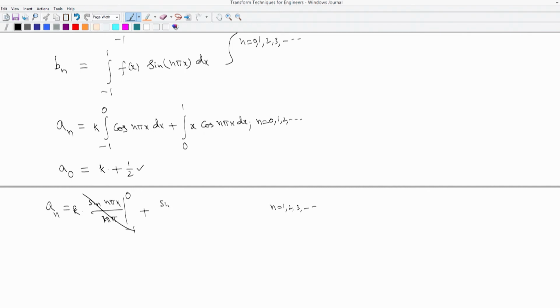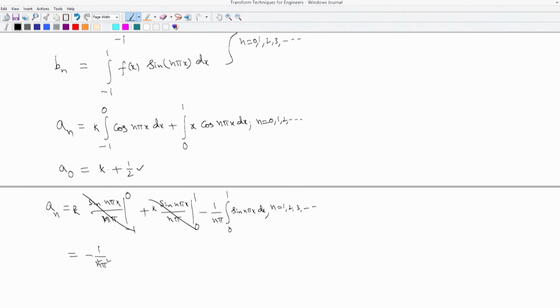So x times sin n pi x divided by n pi, between 0 to 1. Again the contribution is 0, minus, now you have this integral, 1 by n pi, integral 0 to 1, sin n pi x, the derivative of x is 1. So you have minus 1 by n pi. Now the antiderivative is minus cos n pi x by n pi, so n square pi square.